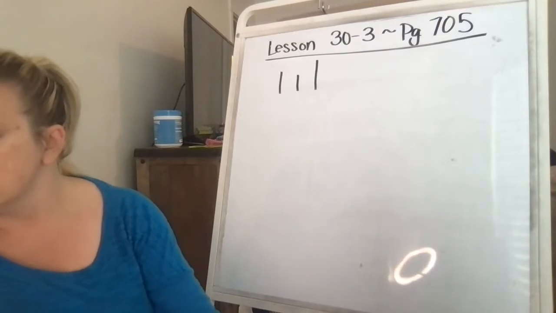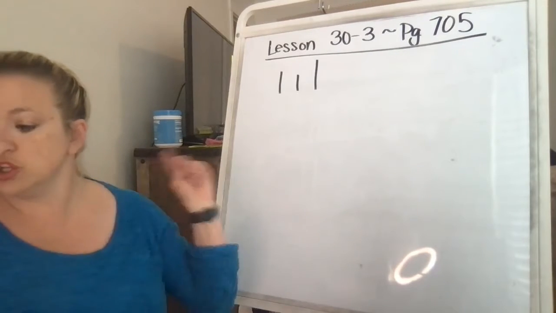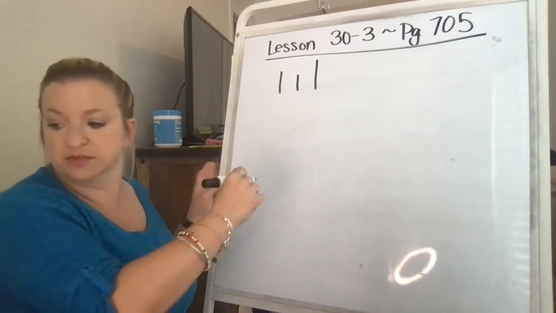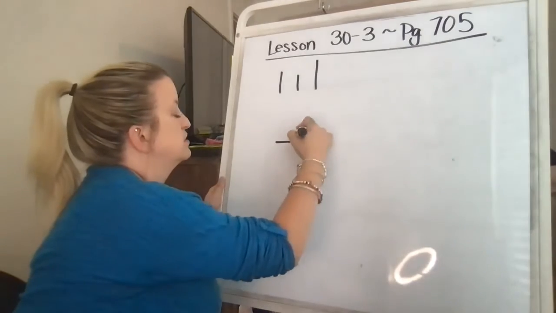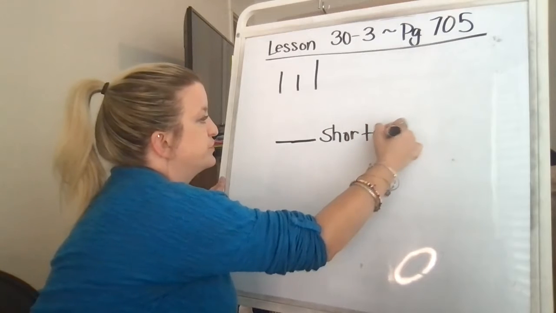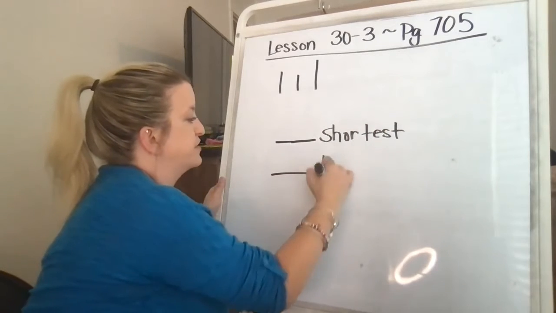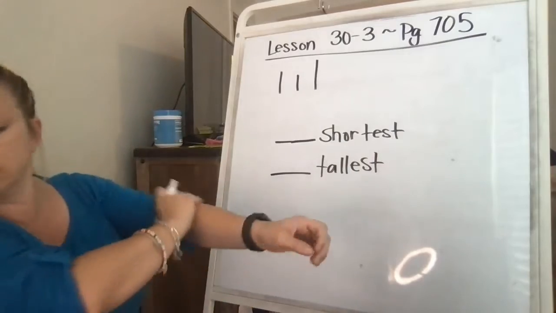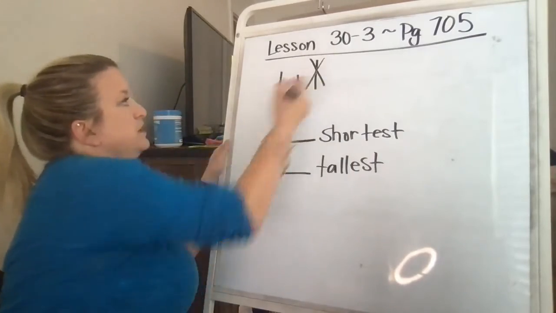Okay. Line up the bottom edges, circle the shortest, put an X on the tallest. And then it says the blank book is shortest. This is the shortest. So you're going to put in a word of color there and the tallest. And then it said put an X on the tallest book, which would be this one.